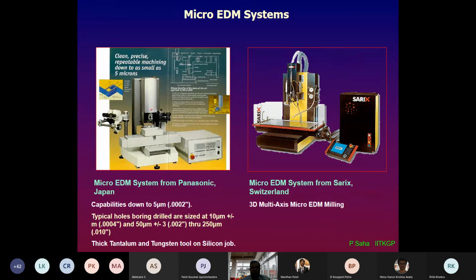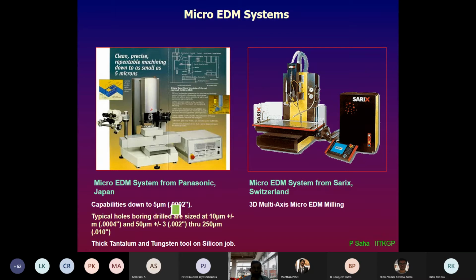So these are some of the commercially available micro systems. This one is from Panasonic, Japan. They can make capability down to how much?